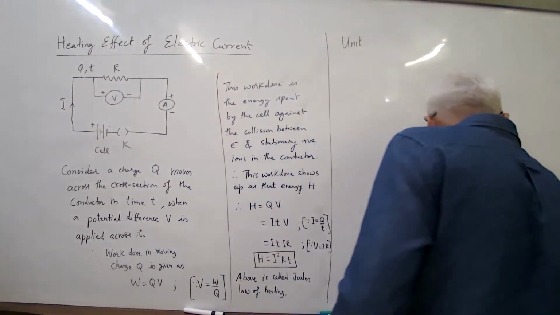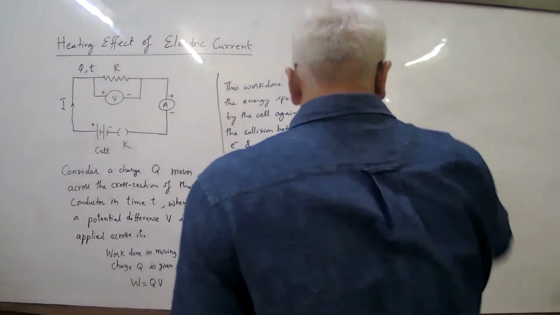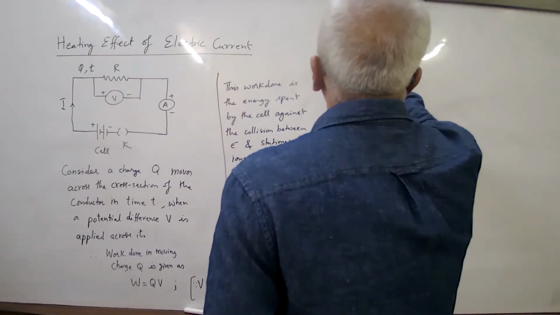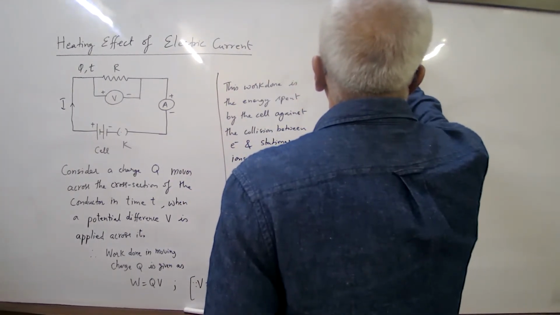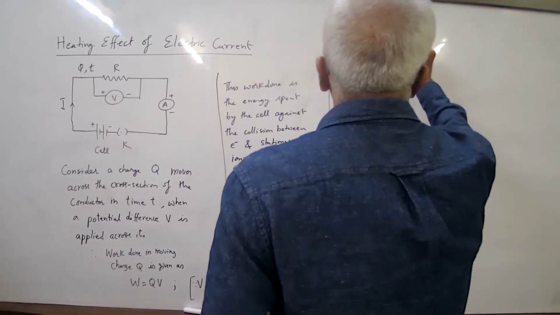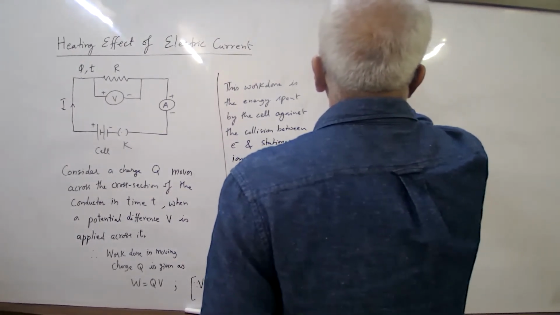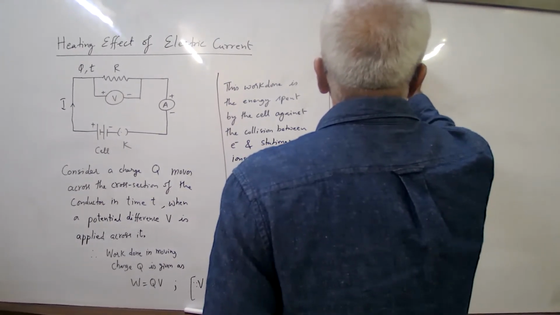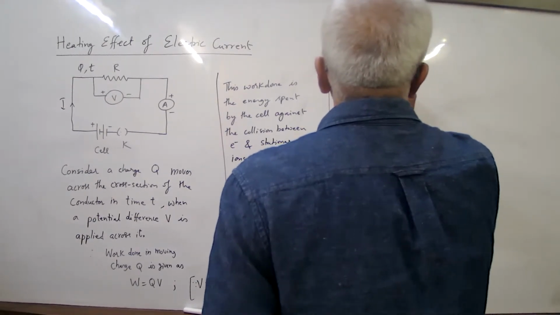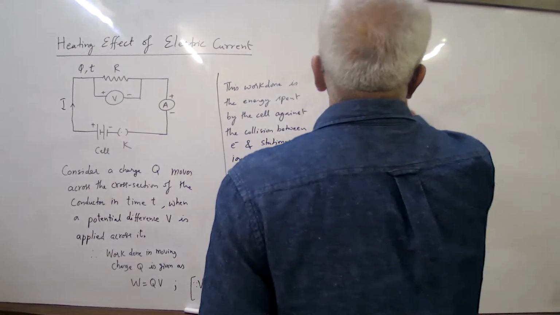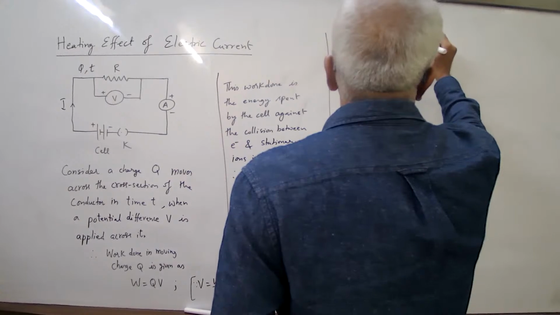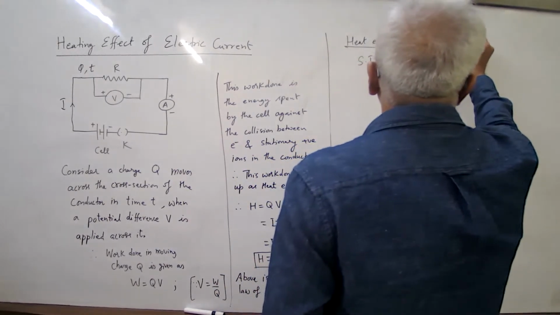What is the relation between joule and calorie? The SI unit is joule, and the heat energy unit is calorie.